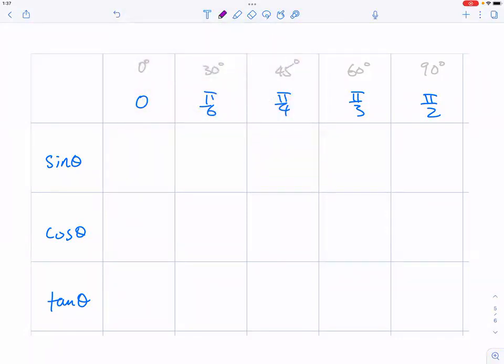First, for sine theta, it goes from 0 to 1. If it goes from 0 to 1, what do we call this order? Is it ascending or descending? Ascending, right? Since it's ascending, for the middle 3 boxes, they're the fractions, and they are all fractions over 2, as you have seen from the earlier unit circle values.